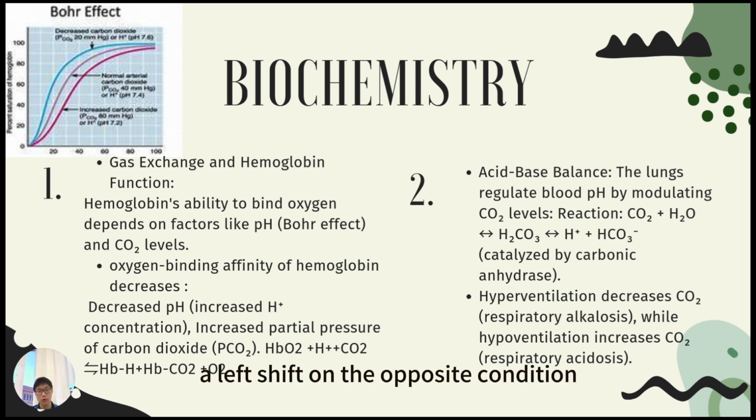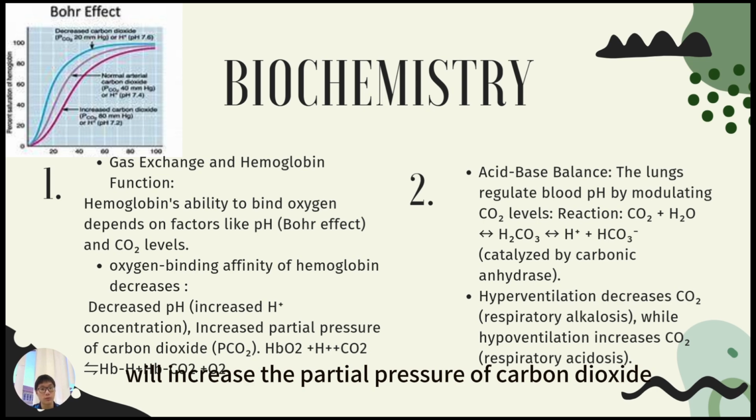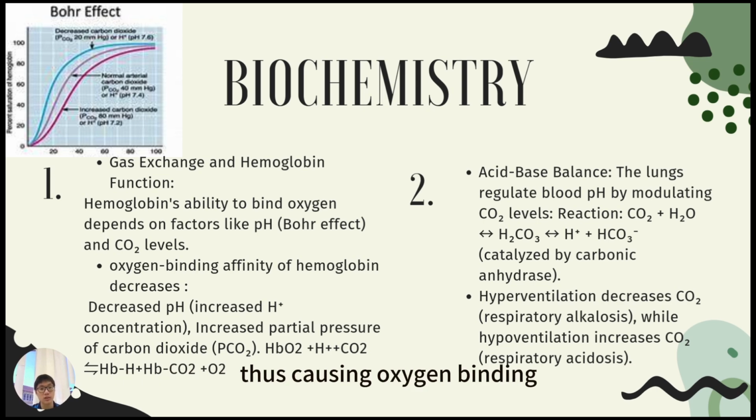A left shift in the opposite condition will increase the hemoglobin's affinity. And next, we have CO2 levels, where decreased pH will increase the partial pressure of carbon dioxide, thus causing oxygen binding affinity of hemoglobin to decrease and oxygen to be released to the cells.